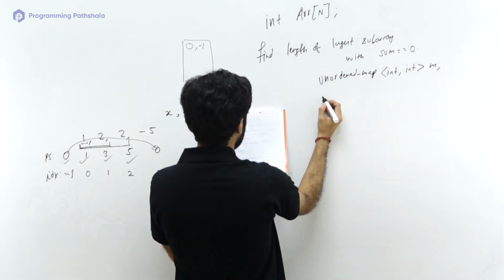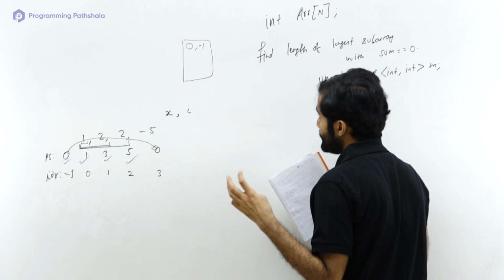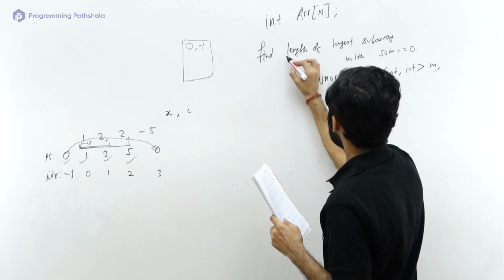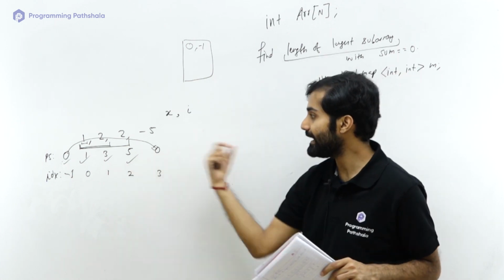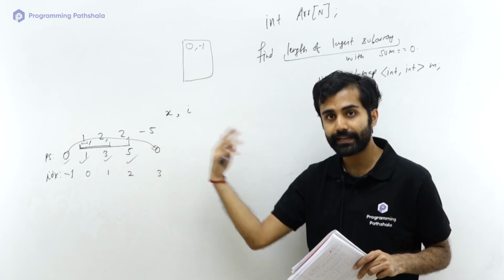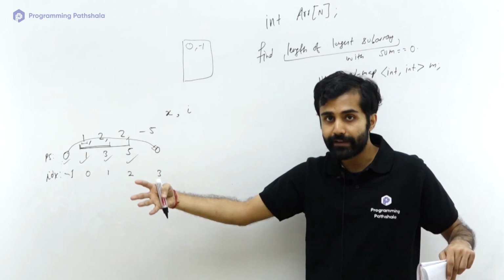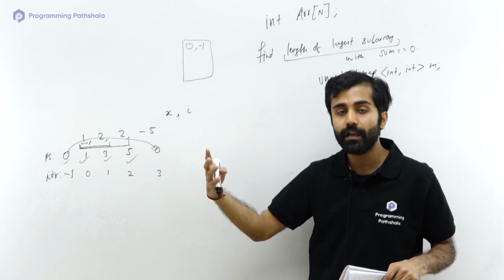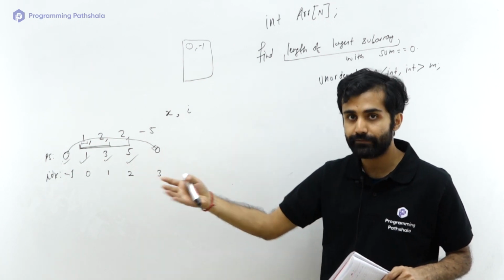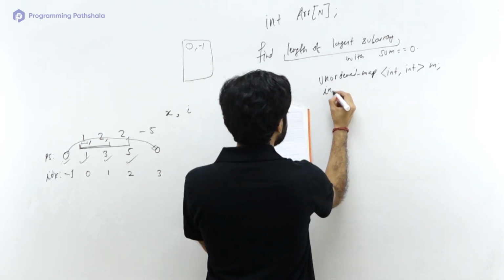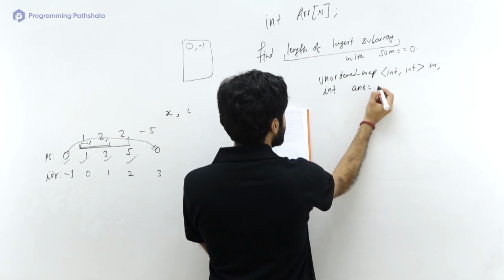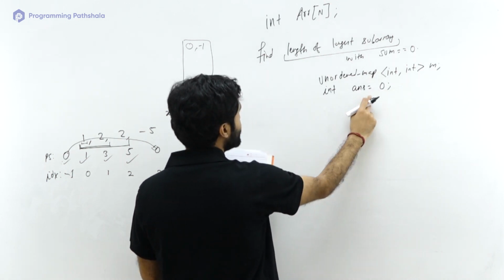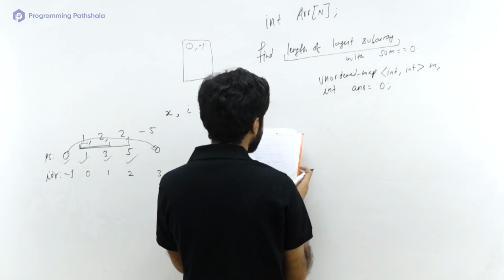Now I'm interested in finding the length of the longest subarray, right? The different lengths that you will get at different iterations would be different values, so you need to have a variable which is to be maximized every time. So I would initialize an answer variable, which is 0. This answer would eventually be equal to the length of the longest subarray that I have.